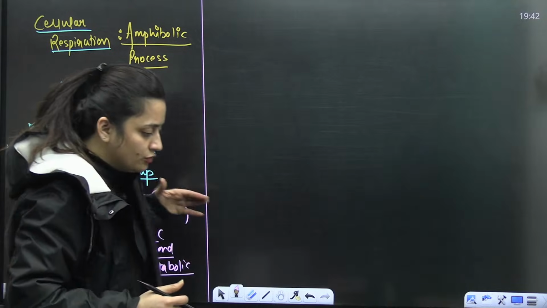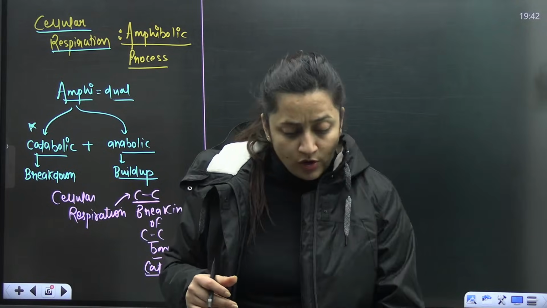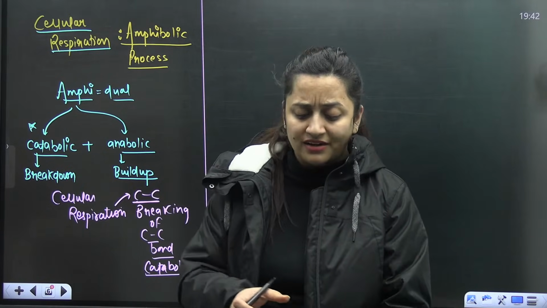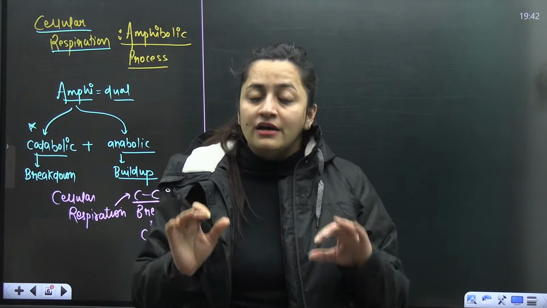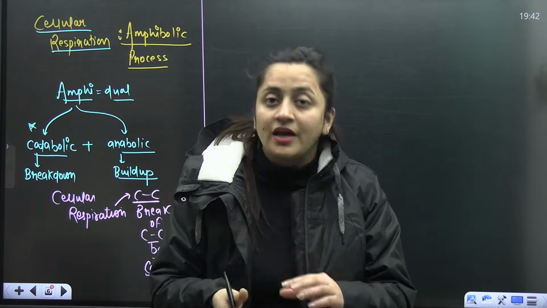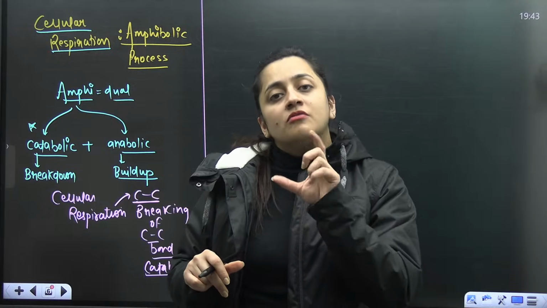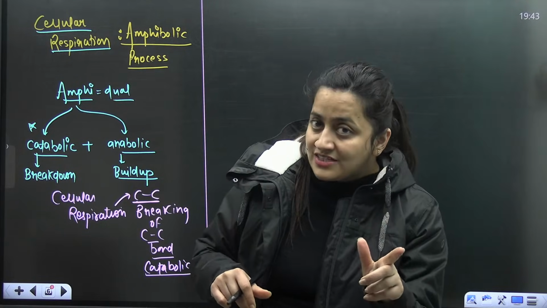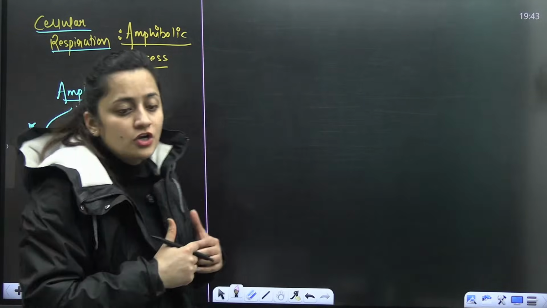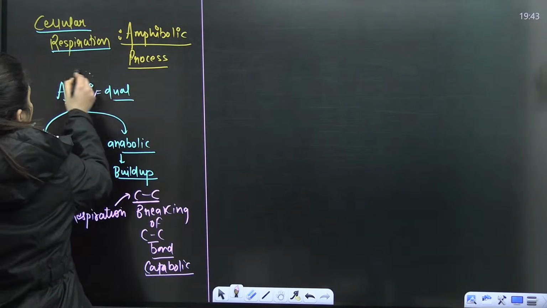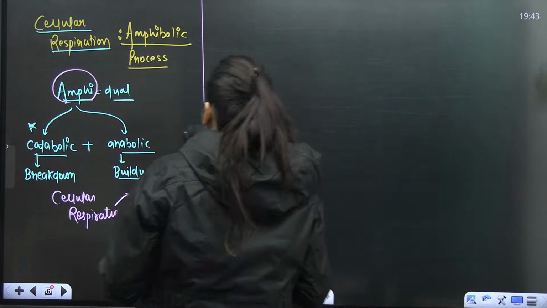No doubt initially you are breaking that carbon-carbon bond, but overall in respiration it is not just bond breaking; bond breaking and making both are there. Whenever there is a requirement in the body, it will convert one metabolite into another as well. Accordingly, breakdown and buildup are there. So overall, this process is going to be amphibolic.